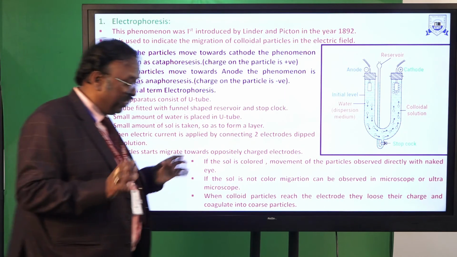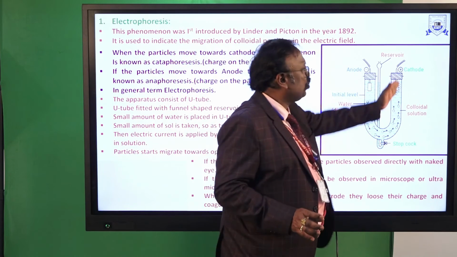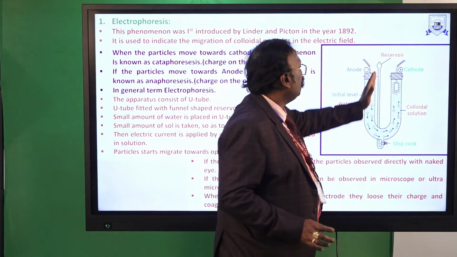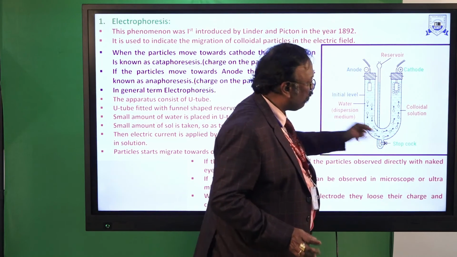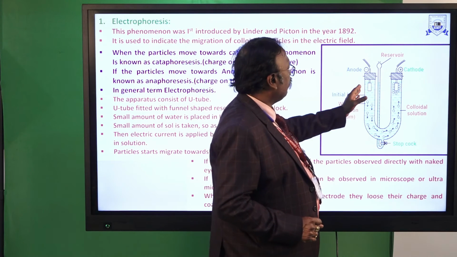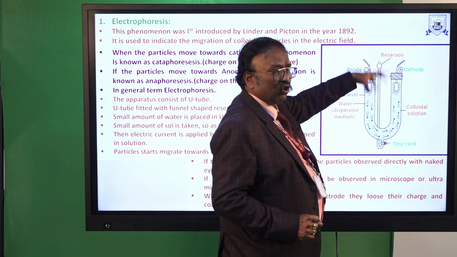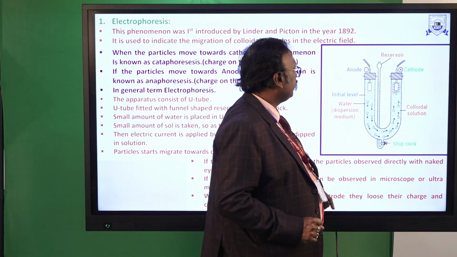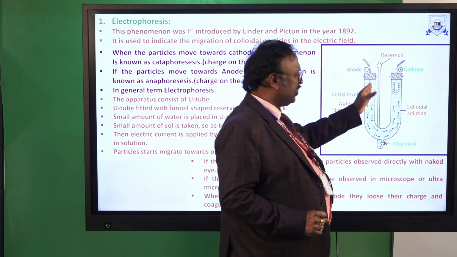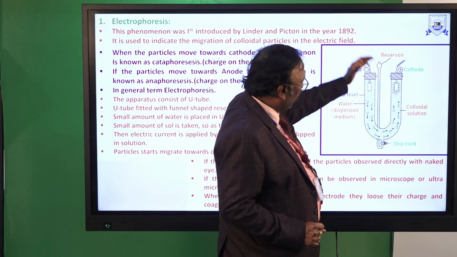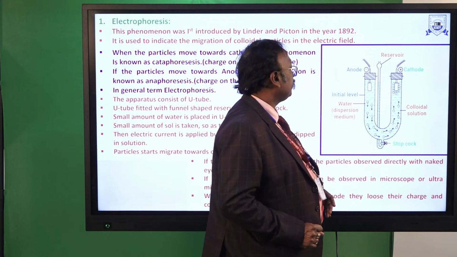Diagrammatically, this is the U-tube. The U-tube is connected with a reservoir as well as a stop clock, and it is connected to two electrodes. Both electrodes are dipped, and initially water is placed, and the colloidal solution is also placed.